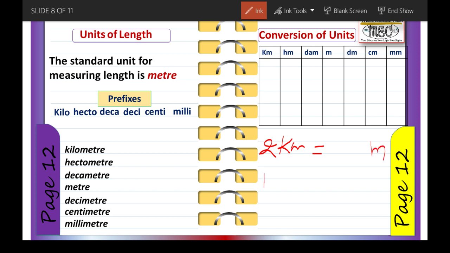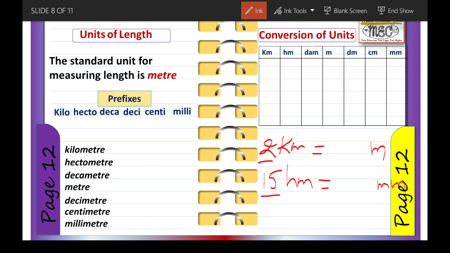You are given, for example, 15 hectometers to convert them into millimeters. So the question is, how many meters are there in 2 kilometers? As you see, all digits in a number have values. The value of 2 is ones.